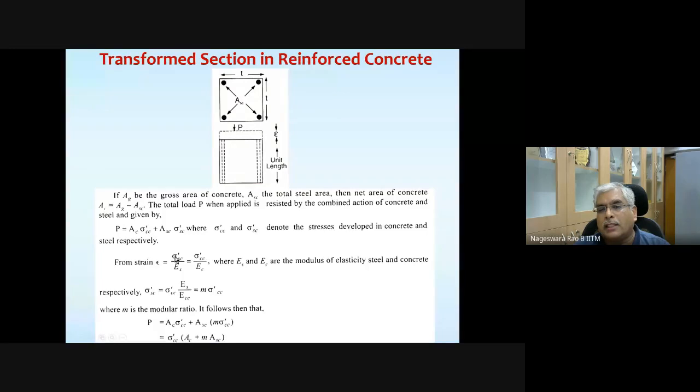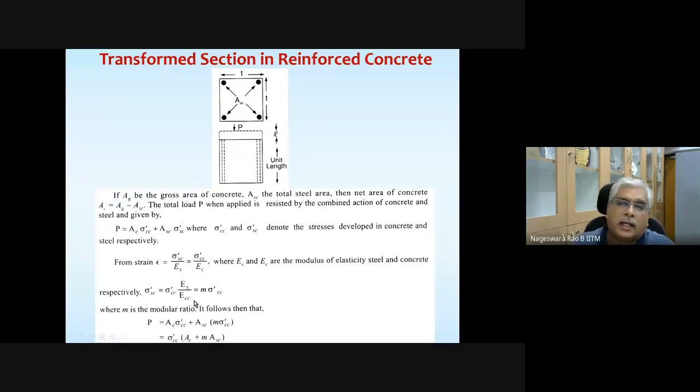Sigma SC prime divided by sigma CC prime is equal to ES divided by EC. I can rearrange this equation in that manner, okay? Or I can say sigma SC prime, I can take this ES to this side, then it becomes ES divided by EC times sigma CC prime. So that is what this is.